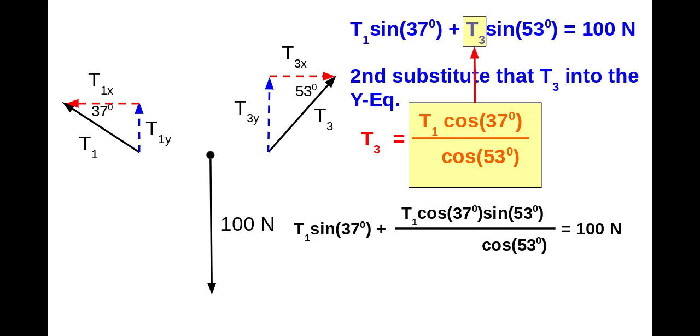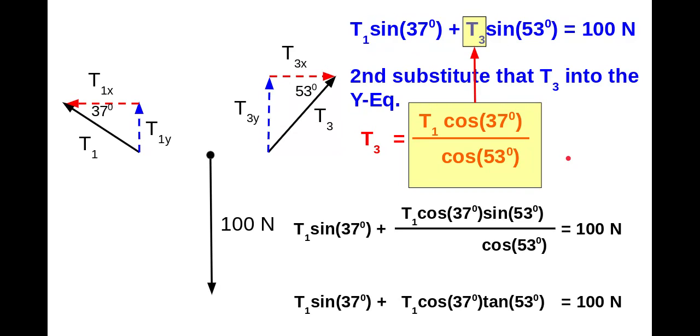All right, so this is what it looks like when you fill it all in and write it out. Another simplification that I'm making here is that when we have sine of an angle divided by cosine of the same angle, we can write that as tangent of the angle. That's all I did right there.